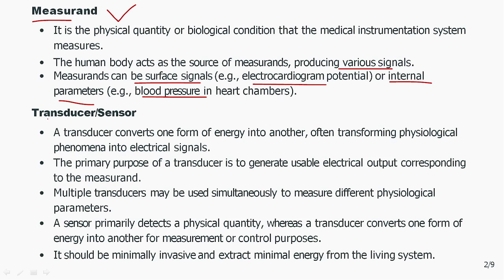Next, how to measure those parameters? We have different parameters in different forms, some in the form of chemical changes, some in the form of ion exchanges, some due to the action potential or in form of voltage, some are in terms of pressure, some are in terms of your enzymatic changes or action, some are in terms of current.